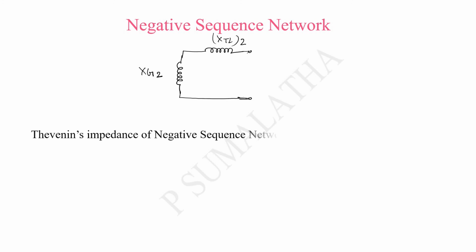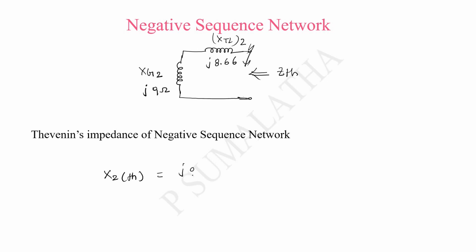And what is the Thevenin's impedance of the negative sequence network? We are going to find the Thevenin's impedance from these terminals. X2 Thevenin is equal to, these two will come into the series connection. So what is the value of Xg2? Xg2 we got J9 ohm, and the transmission line reactance is the same as the positive sequence, that is J8.66.